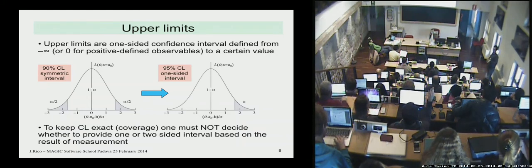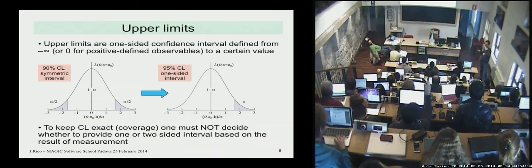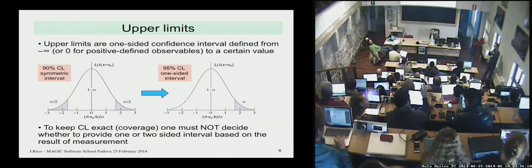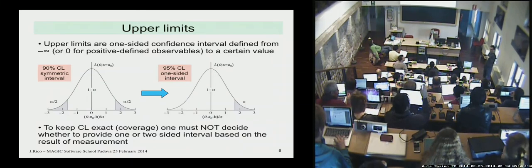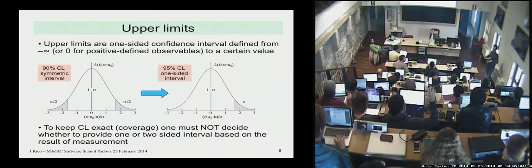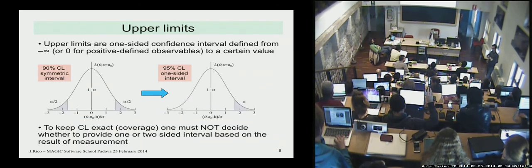I will come to that later when I talk about Rolke. The request that you get results in the physical region is a request from the physicist, and it's normal that we do that. It introduces problems, and the main one is that the coverage is not fulfilled. So the property that your interval contains the right result in a certain percentage of the times is not fulfilled anymore.